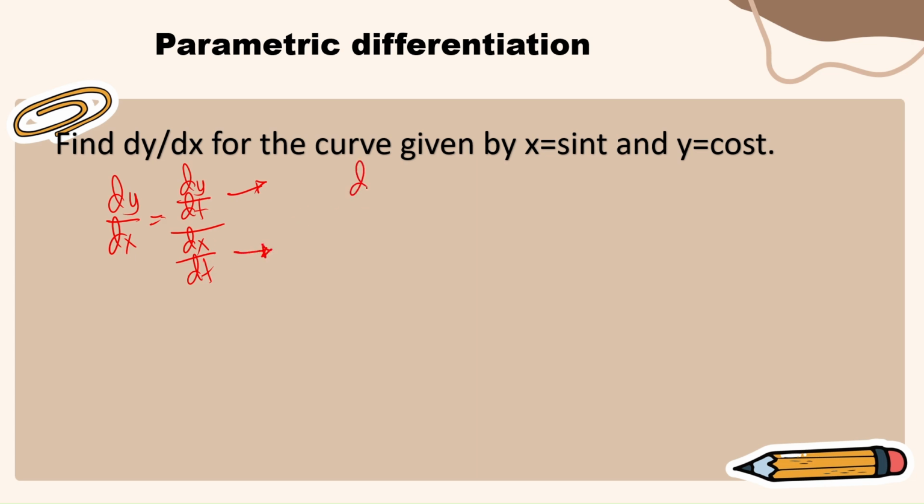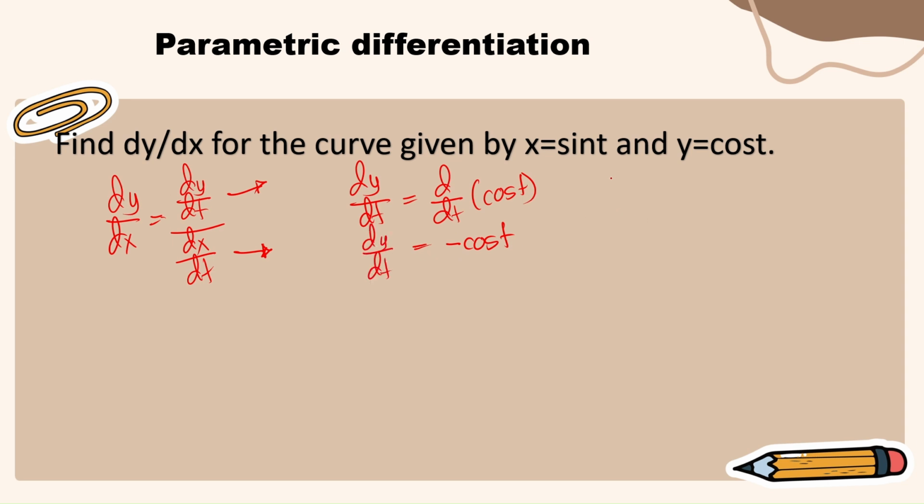So what is our dy over dt? Getting the derivative of y with respect to t, that is d over dt of cosine of t. Differentiating cosine of t with respect to time, that will be equal to negative sine of t. So that will be our dy over dt.